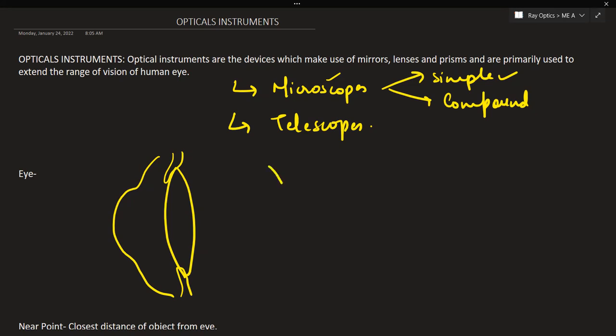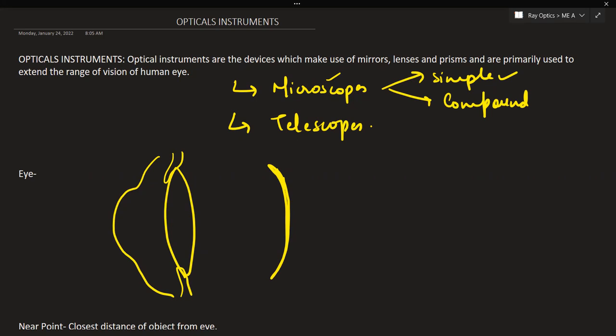And then at the back, there's a screen known as the retina, where the final image is formed. Right. So the space between the lens and the retina is known as the vitreous chamber, where vitreous fluid is present. And then, you must have heard of rods and cones. They are also present within the retina. There is a point where no cones are present. You call it the blind spot also.